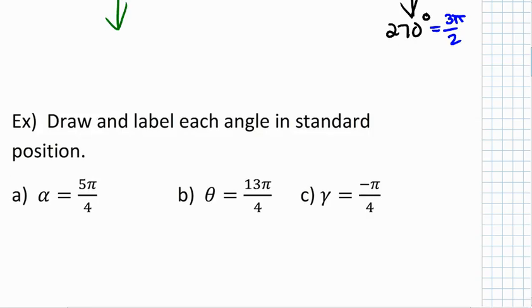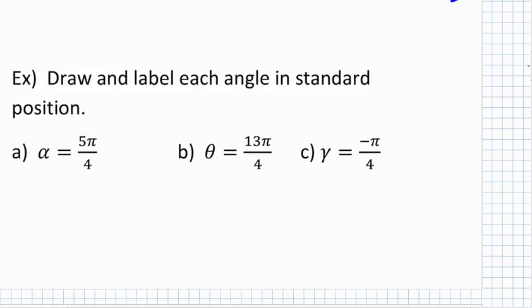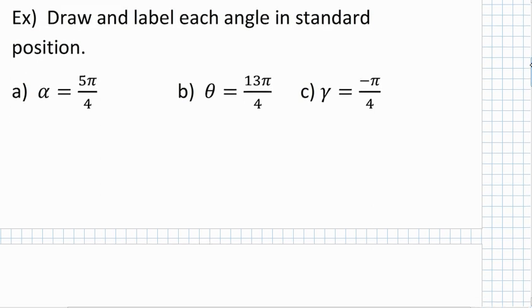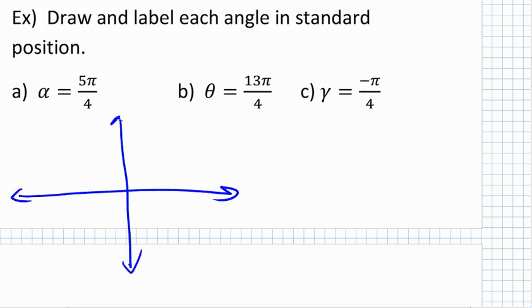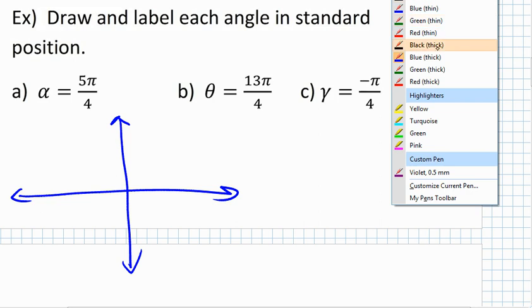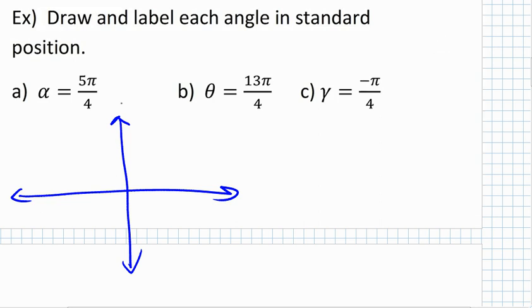Because, for example, they're going to be asking you to draw and label each angle in standard position. So, for example, if I want to draw and label a 5 pi over 4 angle, remembering that this is 0, this is pi over 2, pi, 3 pi over 2, and 2 pi.